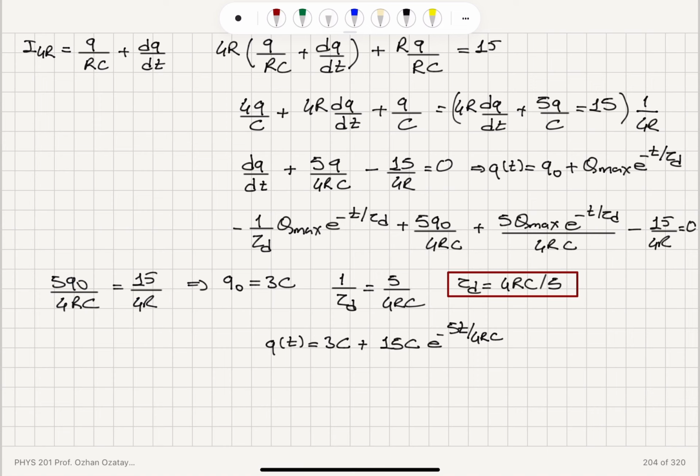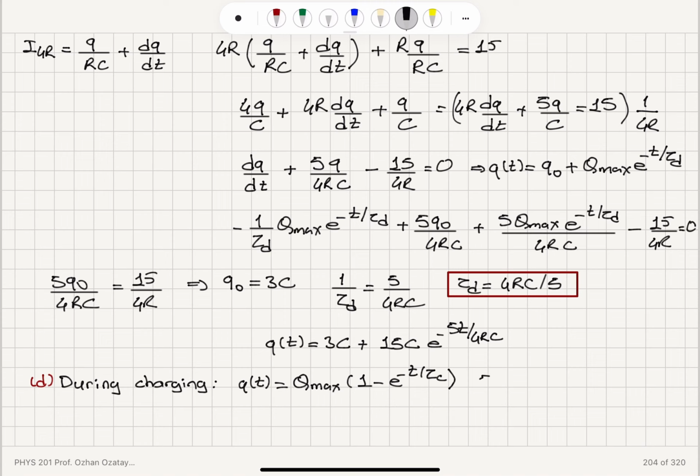To answer this question, I want to start out by noting the charge as a function of time during the charging process. During the charging process, the solution for Q of t is Q maximum times 1 minus e to the minus t over the time constant for the charging phase.